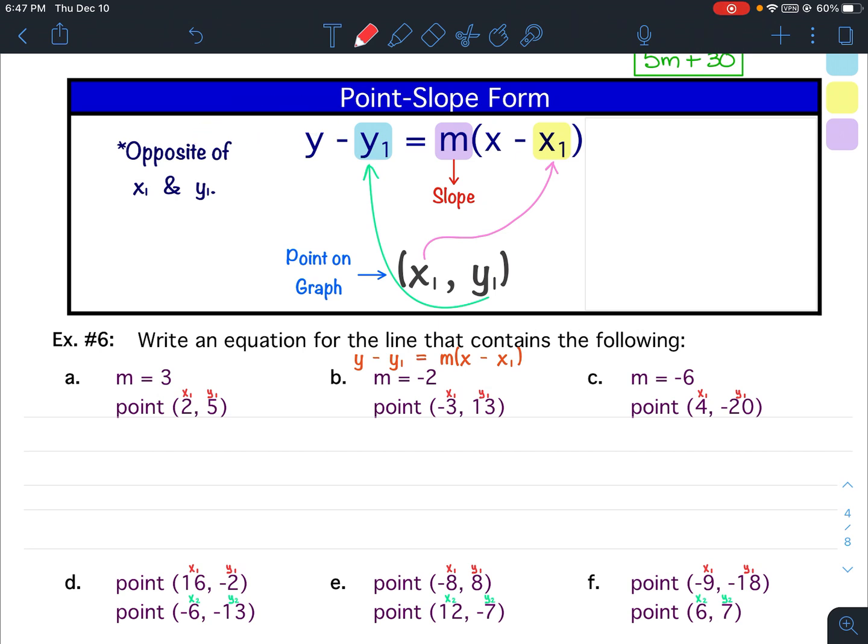So try it again. So that means that I'm going to circle it.